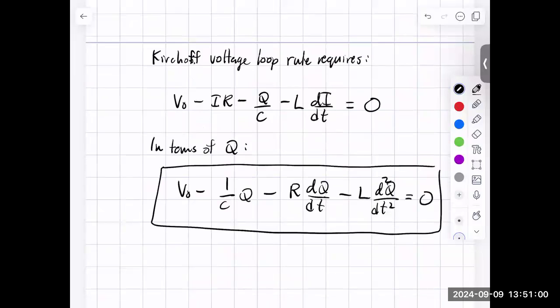And this is a differential equation because it involves obviously derivatives of Q. It's actually a second order differential equation because it involves both first and second derivatives.